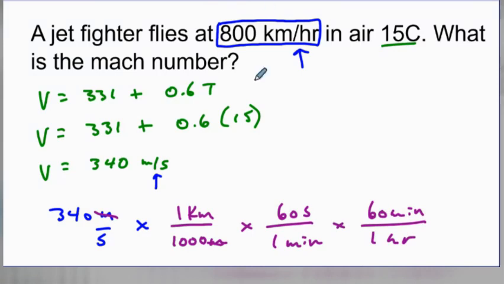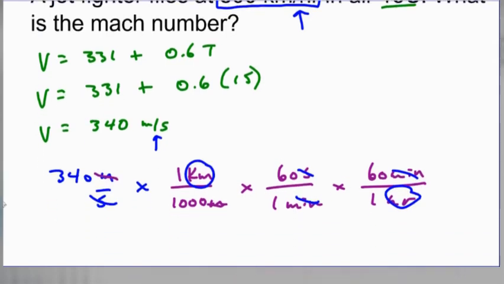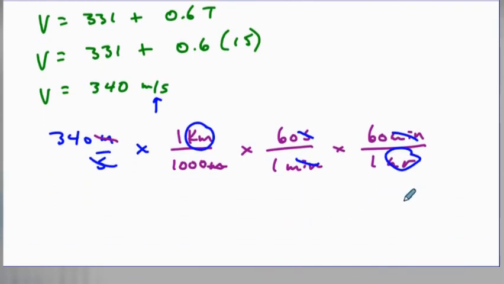And if I double check all my units here, my meters are gone. I have kilometers, and my seconds are going to cancel with my seconds, my minutes with my minutes. I've got hours on the bottom. That's wonderful. So I'm left with kilometers per hour. So the speed of sound at 15 Celsius in air will be 340 times 60 times 60 divided by 1,000.